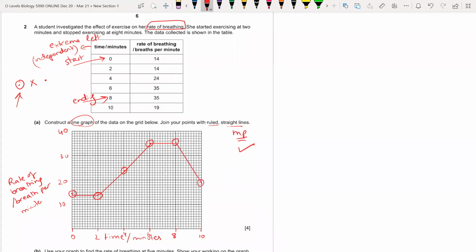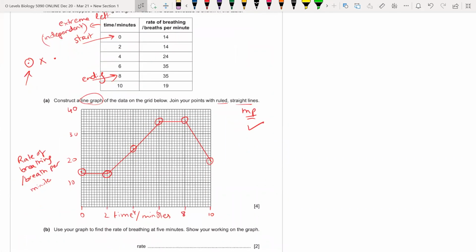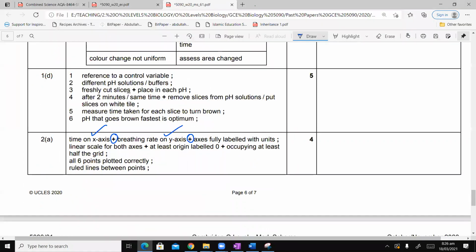I could have drawn a curve, but he has not mentioned a curve here, okay? So once again, coming back to the marking scheme, we're done with the first marking point. Second, he is saying linear scale for both axes, okay. At least one origin labeled 0, okay. We have already seen the origin 0. Why should there be an origin 0?